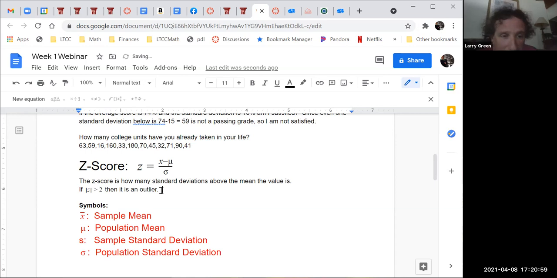And then I'm going to do this by copy paste. If the absolute value of z is greater than 3, it is an extreme outlier. Okay, so let me put those in red because that's a definition.